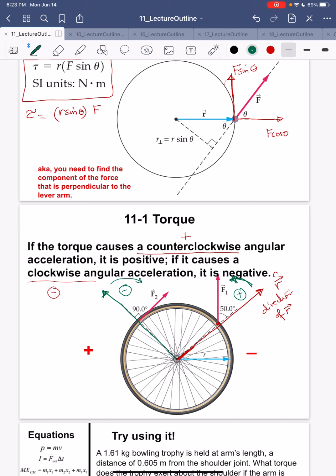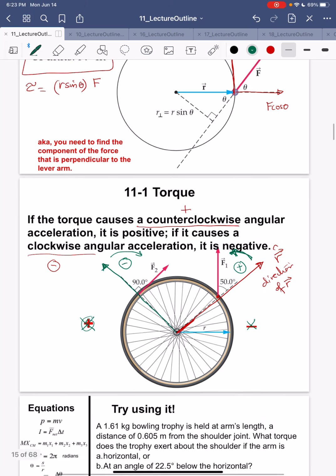I don't know why these are really switched. Okay, then if the torque causes a counterclockwise angular acceleration, it is positive. If it causes a clockwise angular acceleration, it is negative. This is how we represent the direction.